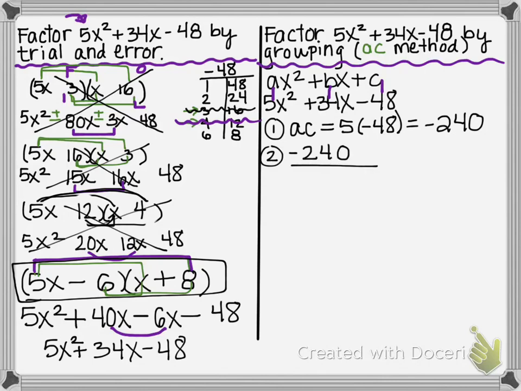Now, your goal when you're finding factors of negative 240 is that the sum of those two factors is whatever your b term is. So in this case, our b is 34. So we want factors of negative 240 that add up to positive 34.